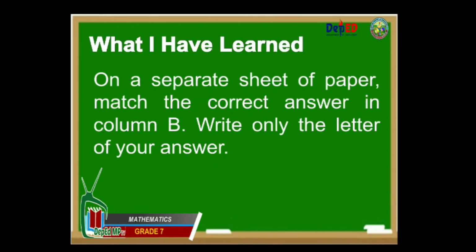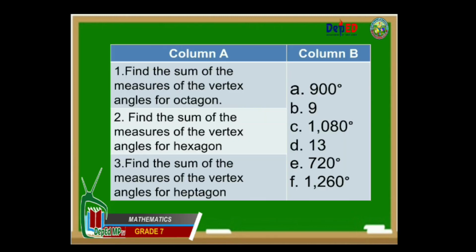On a separate sheet of paper, match the correct answer in column B. Write only the letter of your answer. For column A, number 1, find the sum of the measures of the vertex angles for octagon. Number 2, find the sum of the measures of the vertex angles for hexagon.